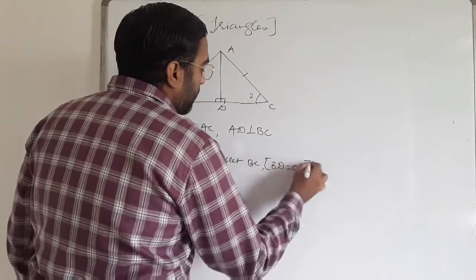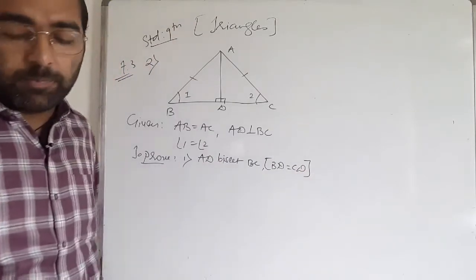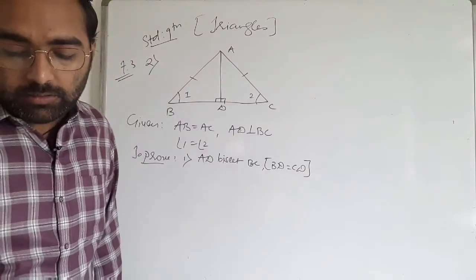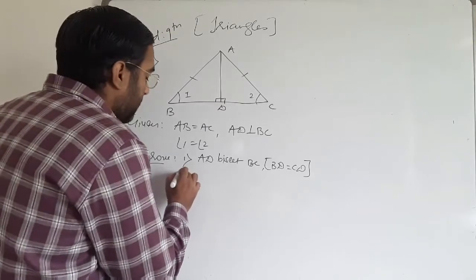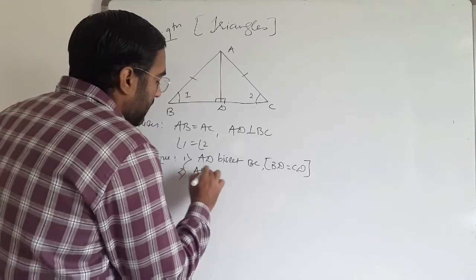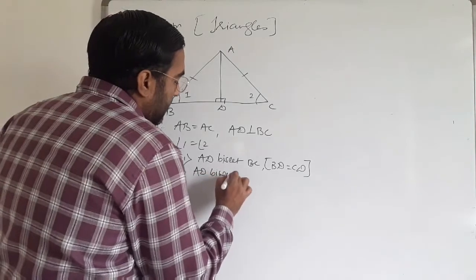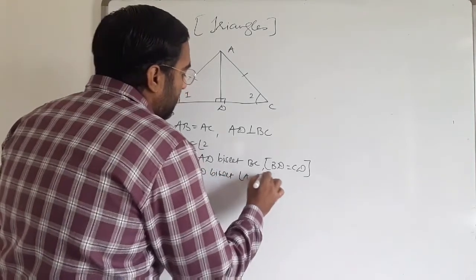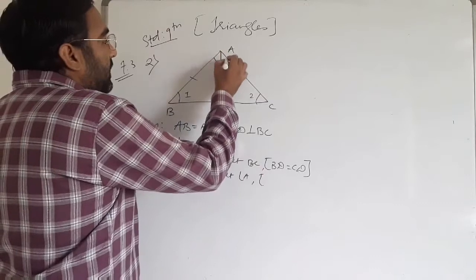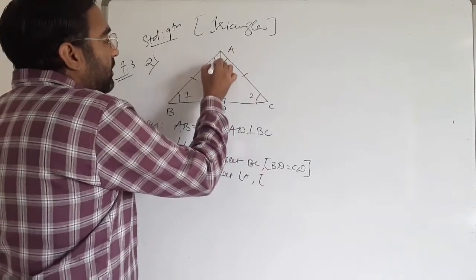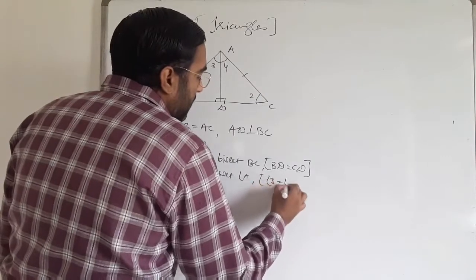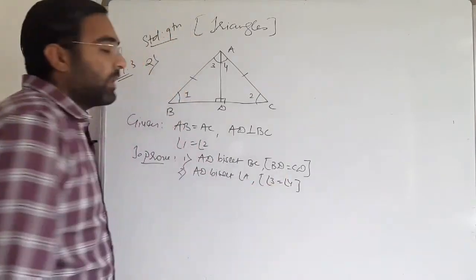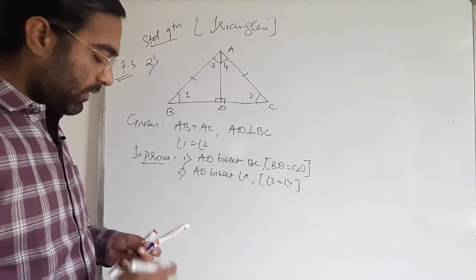Second, AD bisects angle A. That means we need to prove this angle is equal to this angle. I'll name these angles as angle 3 and angle 4. So we need to prove angle 3 is equal to angle 4. Clear?